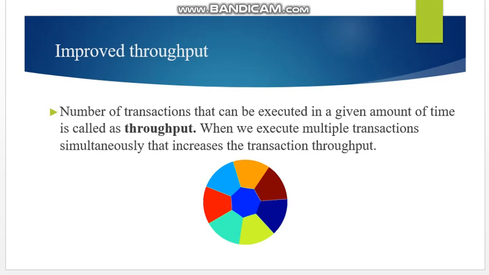After completing one transaction, then the next transaction, and then the next. So this is serial execution. When one transaction completes and then the next is executed, the throughput of the CPU is very low. But when we execute multiple transactions simultaneously, it will increase the throughput.